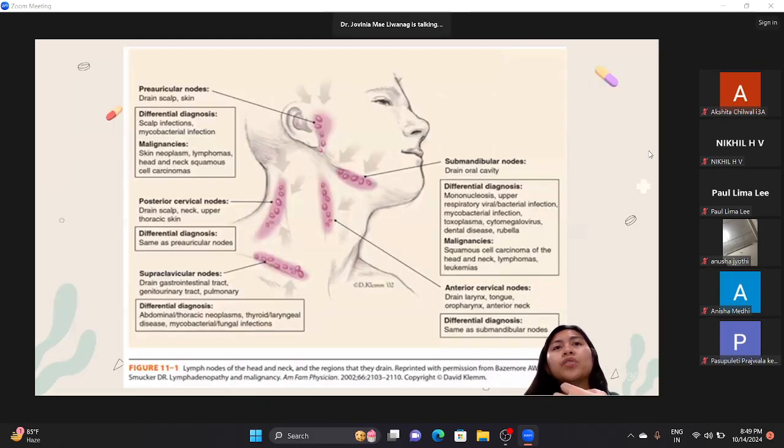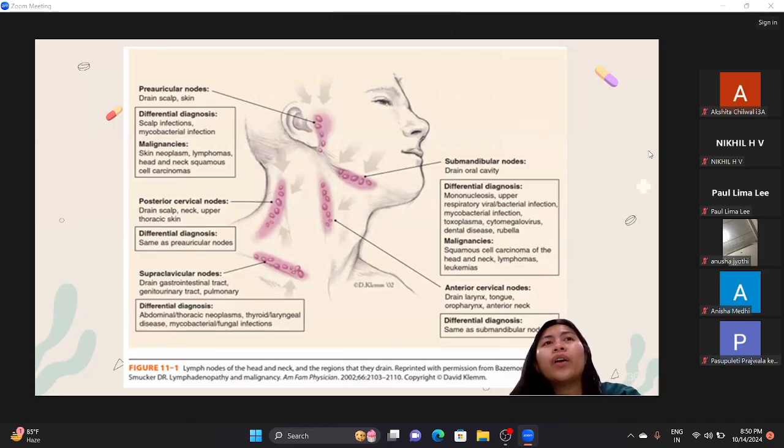So for basic physical examination, specific lymph nodes drain specific parts of the body. So for example, preauricular lymph nodes are the ones you can see on the anterior part of the ear. So usually the preauricular lymph nodes drain the scalp and the skin of the face.